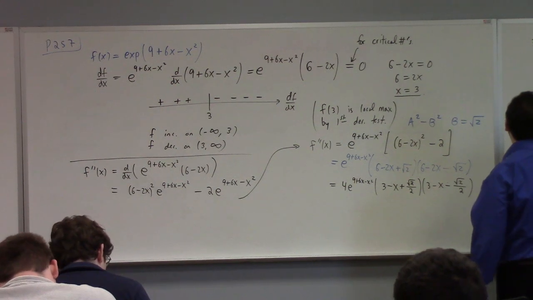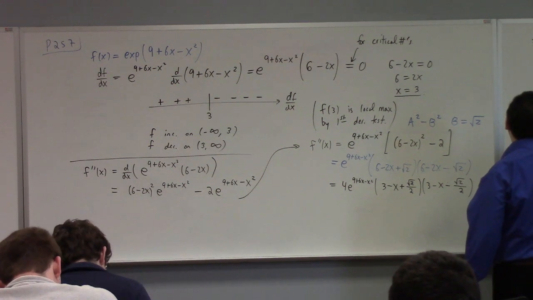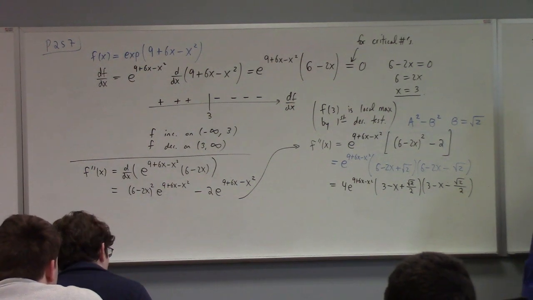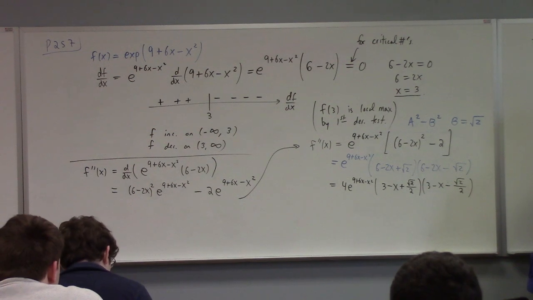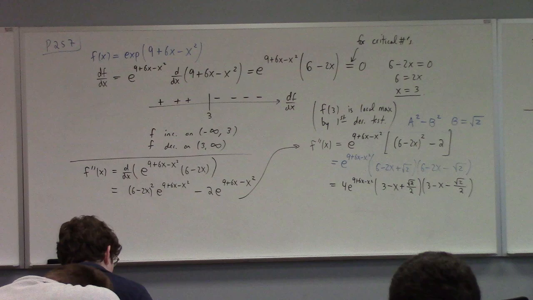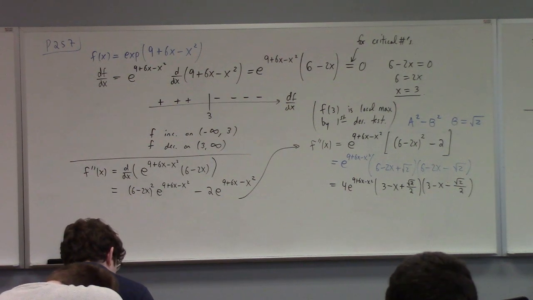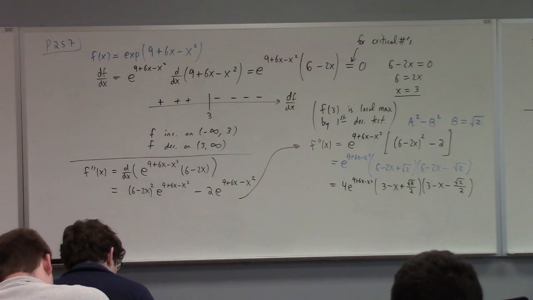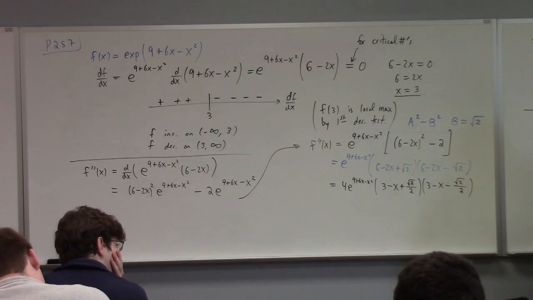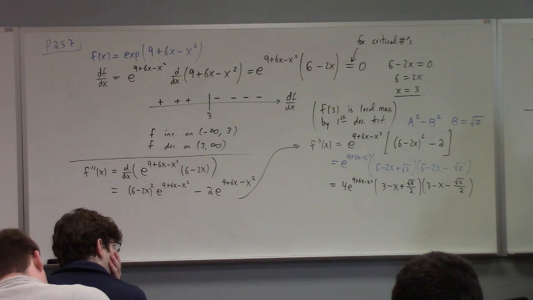So these are my possible points of inflection. For them to be real points of inflection, we need to verify that the concavity changes at those points, right? By the way, root 2 over 2 is also known as 1 over root 2.